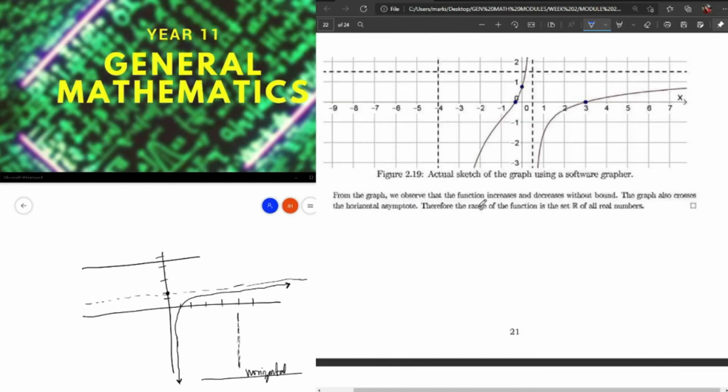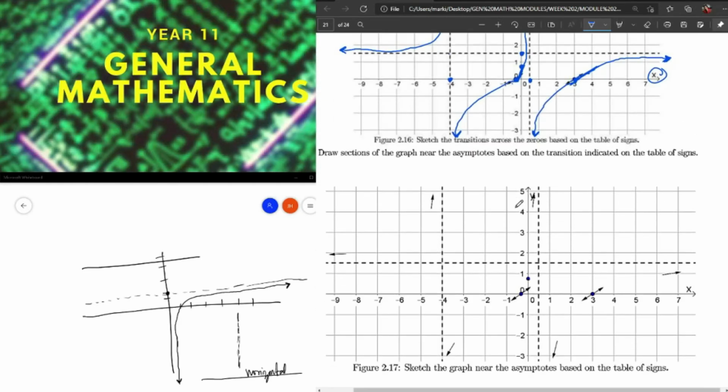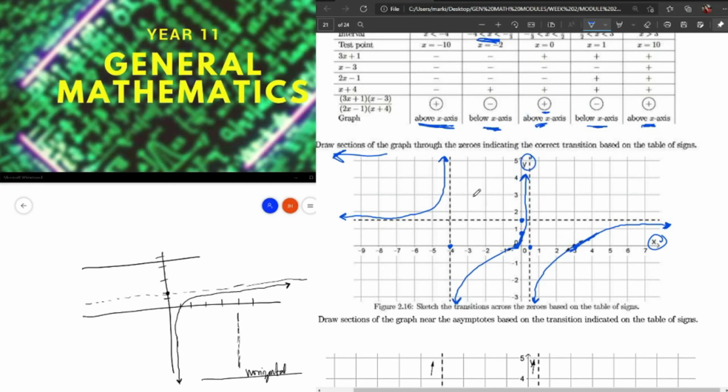Okay, so actually you can really check your answer if you got it correct using Desmos. Are you familiar with Desmos? Wait, let me show you Desmos.